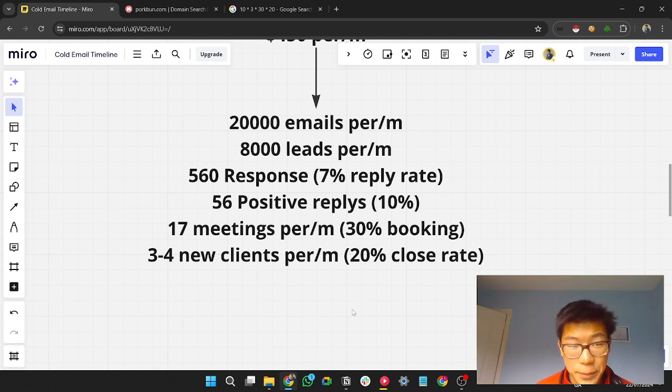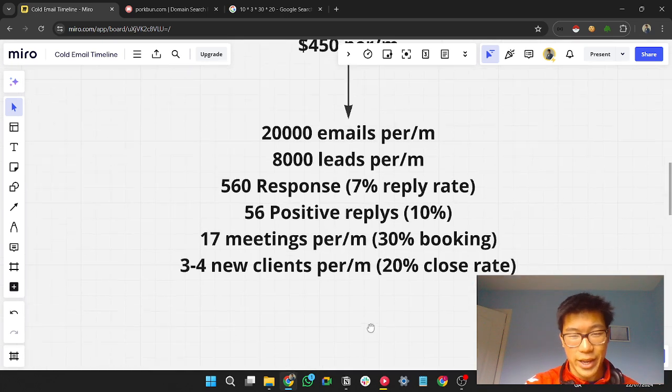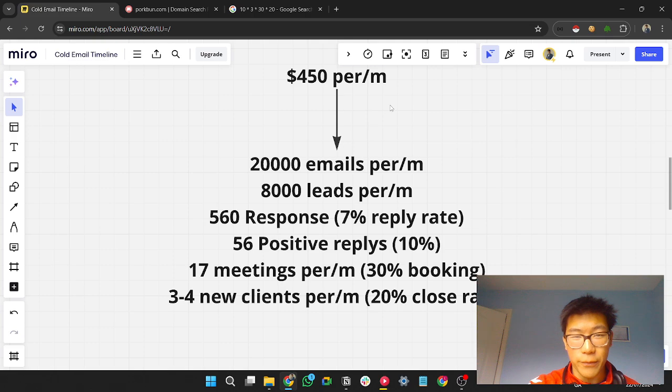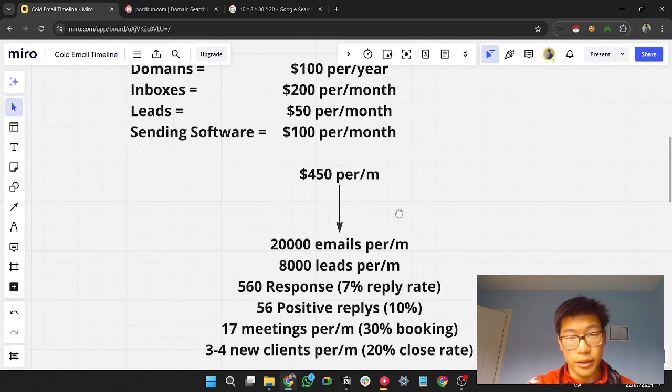And let's say you have a 20% close rate, which is pretty average. You're at the beginning of your career, and people obviously don't trust you. From there, you have 3 to 4 new clients per month. That is the basic economics of cold email from $450 per month.